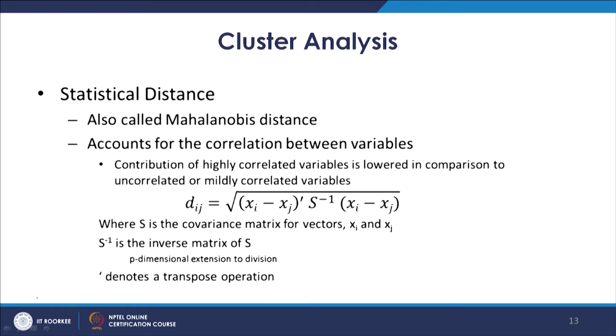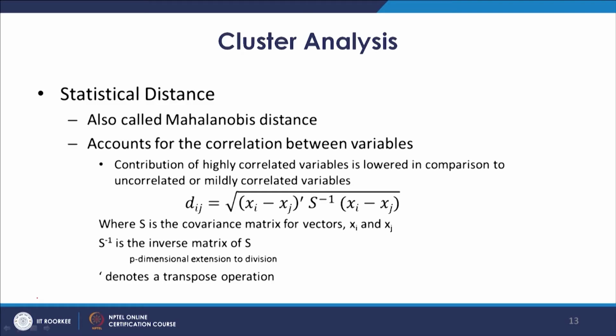You can see S inverse, this is the inverse matrix of S. In a sense, we can think about S minus 1 as the p dimensional extension to division. This notation, apostrophe, denotes a transpose operation.